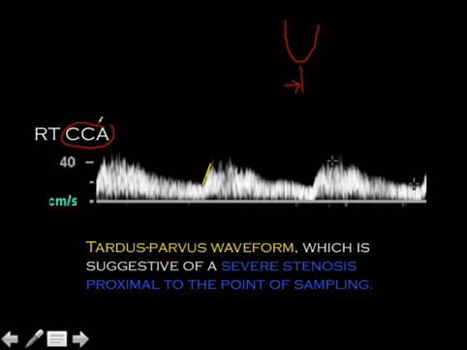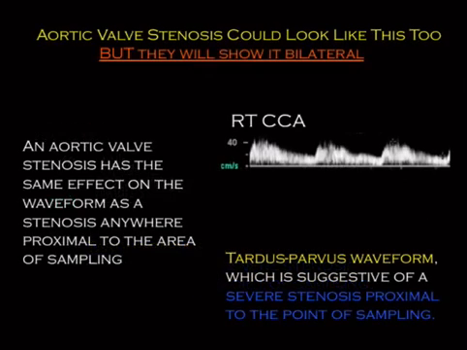That is a trick also that's telling you that this is a really central stenosis. So this is going to occur either at the valve or innominate since it's on the right. But I think if it was valvular, they would show both sides. So if you got both of them with tardus parvus, it's going to be a valve, aortic stenosis. Otherwise, you can just assume that they mean it's going to have a laterality to it.